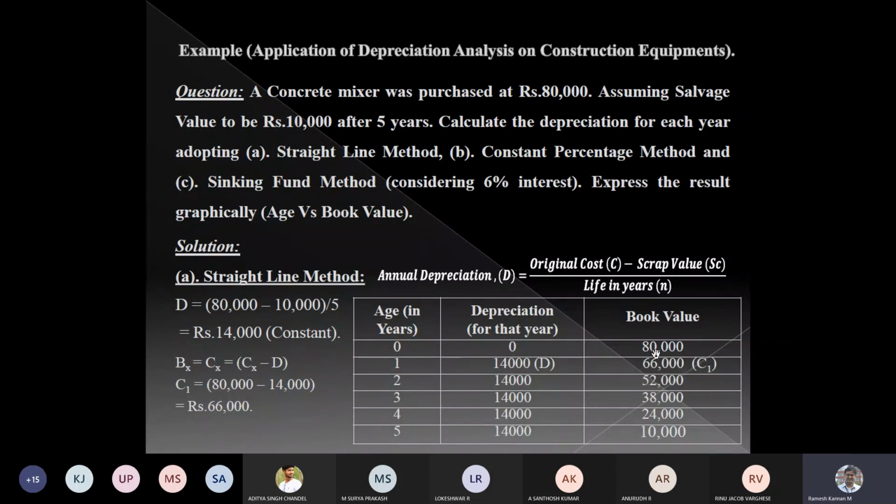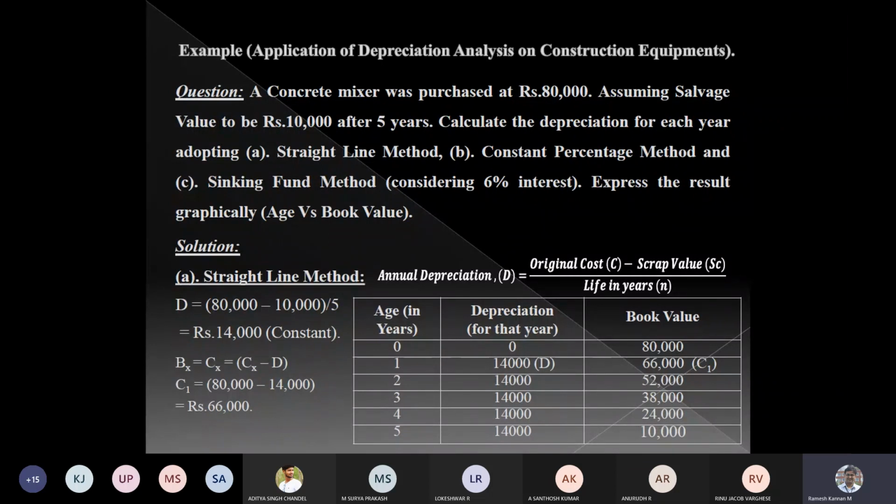You can even do it in a calculator. 80,000 minus 14,000, if you press it, is 66,000. Then you minus another 14,000, or you can give 14,000 into 2, it will be 52,000. Then you minus 14,000 into 3, it will become 38,000.